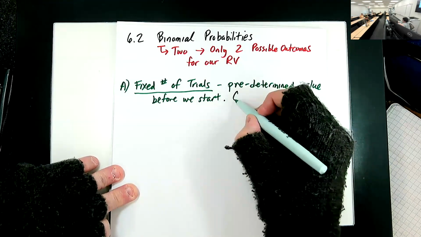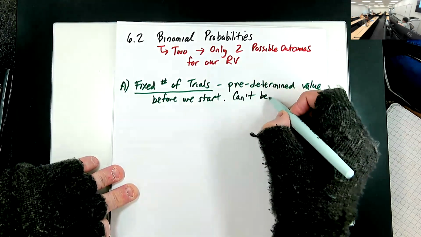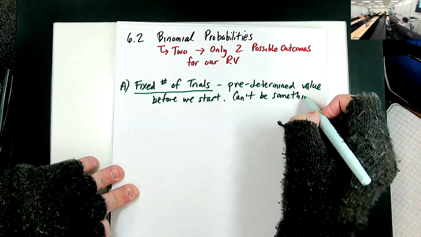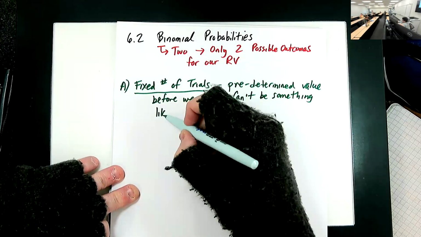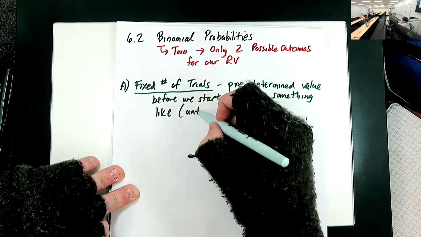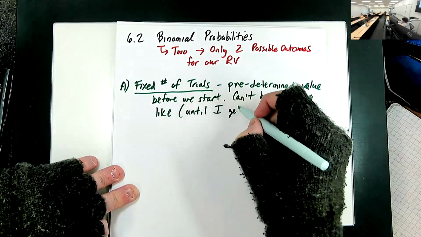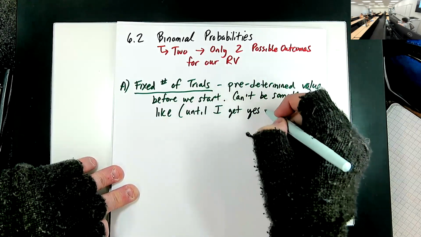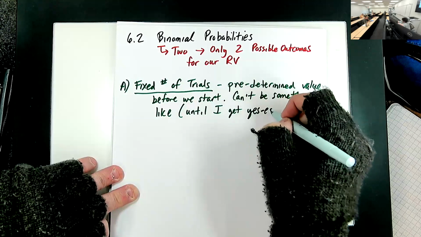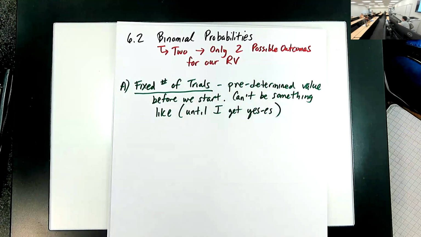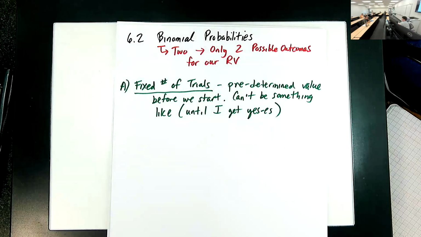So it can't be something like, until I get 6 yeses. That could be done in 6 people. You could ask 100 people before you get 6 yeses. So that's not a fixed number of trials.